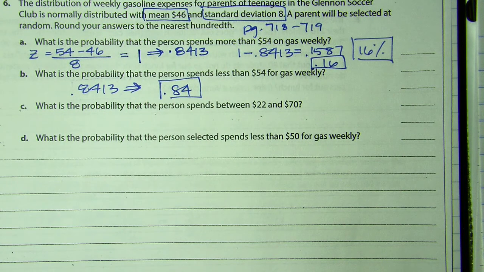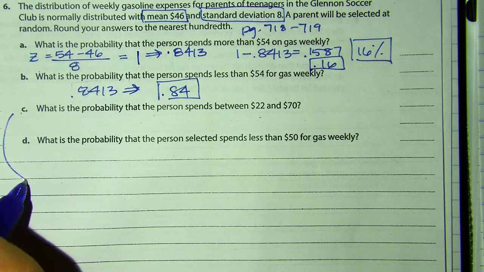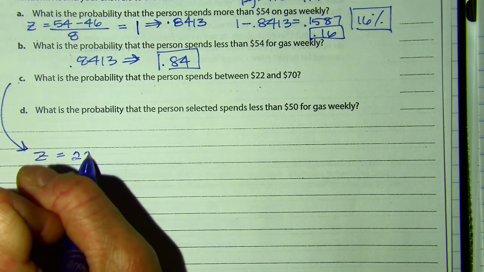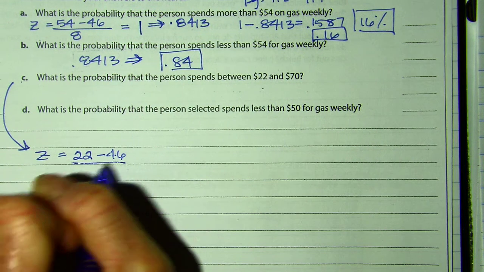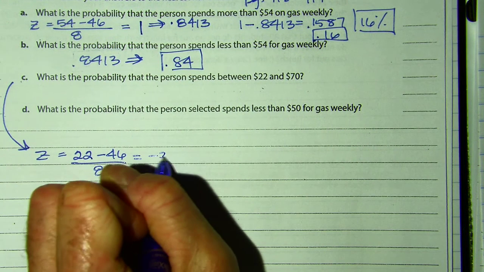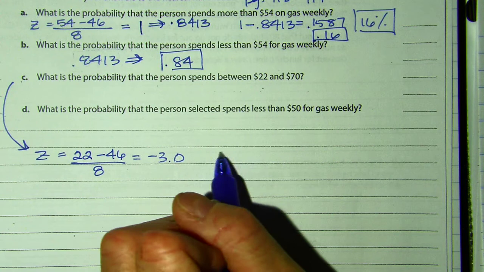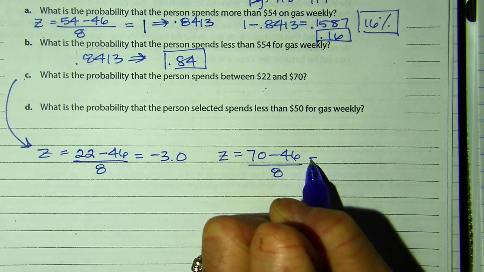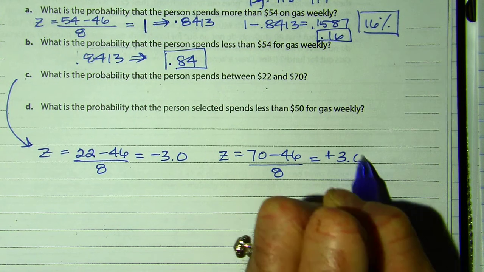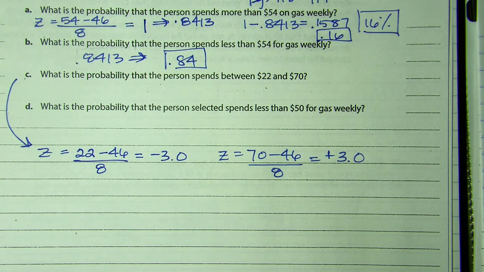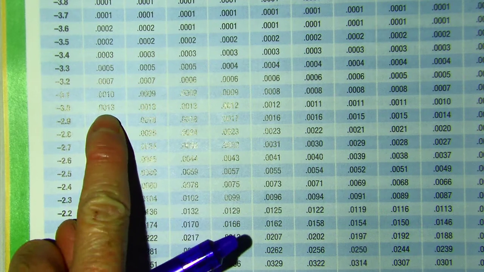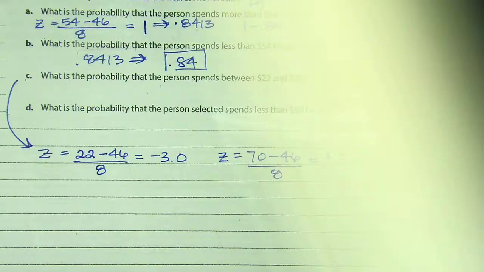What's the probability that they spend between 22 and 70? So I have to find the z-score of both. So let's start with 22. 22 minus the mean divided by 8, I got negative 3.0. The z-score for 70 would be 70 minus 46 divided by 8, and that gave me positive 3.0. So using that table on page 718 and 719, I'm going to look at both. So here's negative 3.0 at 0.0013.